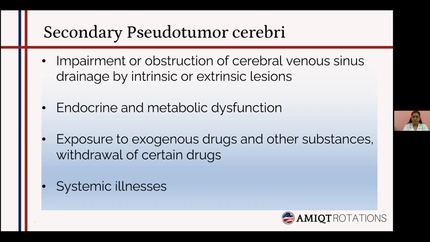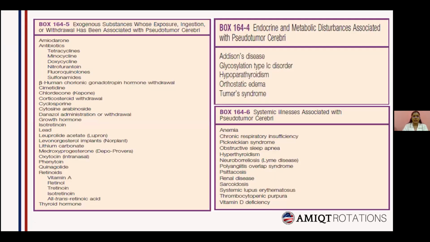It can be a lesion which is causing an impairment or obstruction of the cerebral venous sinus drainage, or some endocrine and metabolic dysfunctions, or certain systemic illnesses, and exposure to certain drugs or substances or withdrawal of certain drugs are also seen to be associated with pseudotumor cerebri. So this table shows a long list of exogenous substances whose exposure or ingestion or withdrawal has been associated with pseudotumor cerebri.